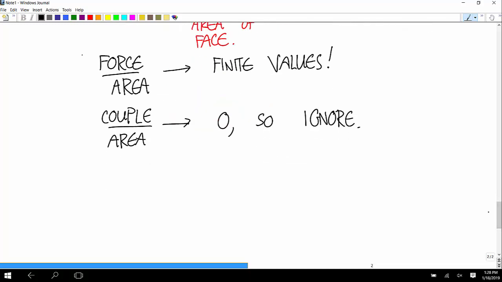Okay. So how many values are we left with now? Now we have 18 values.